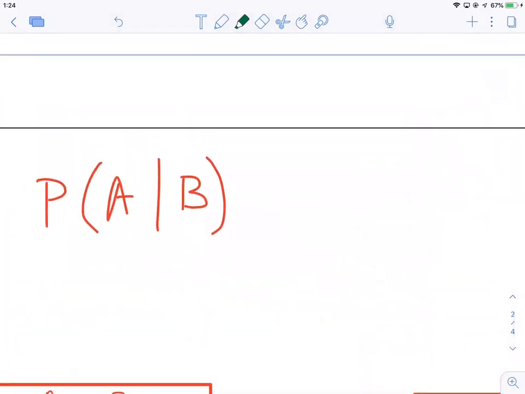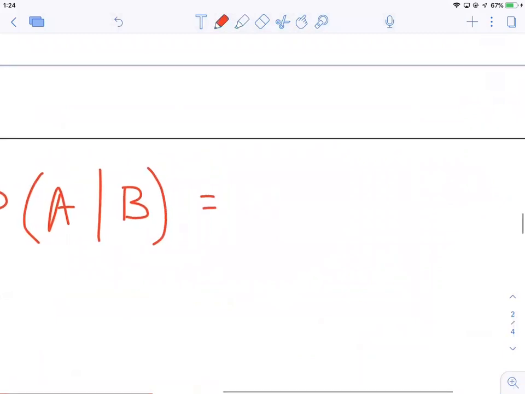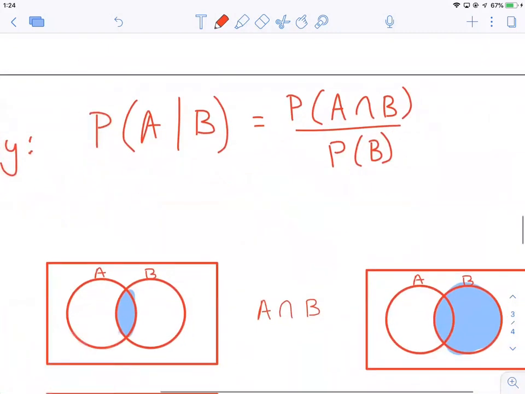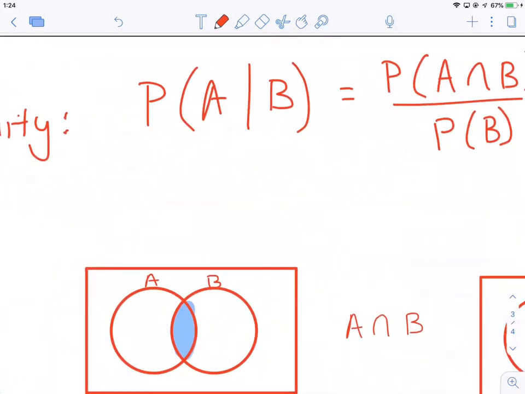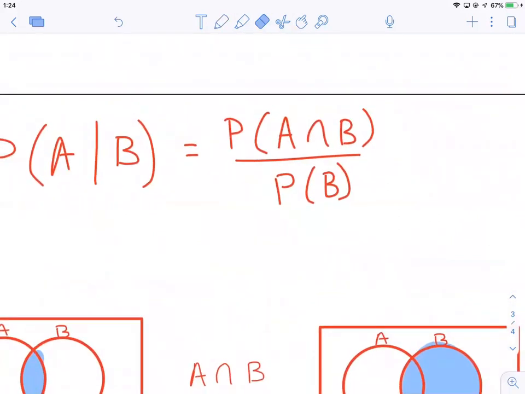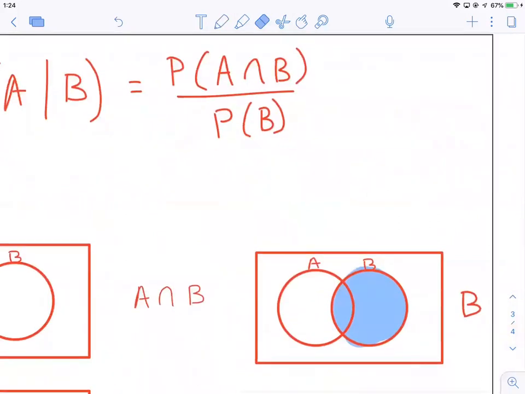So the way this works is our formula for the probability of A given B is the probability of A and B divided by the probability of B. So probability of A given B is probability of A and B divided by the probability of B.